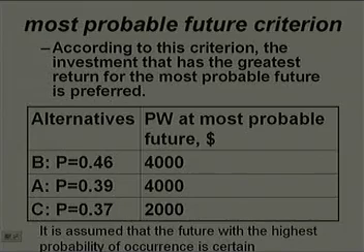For alternative B, if you see, the maximum probability is associated with a return of $4,000 again. And for alternative C, if you see, the maximum probability value is associated with the net present worth of $2,000. I will show you.